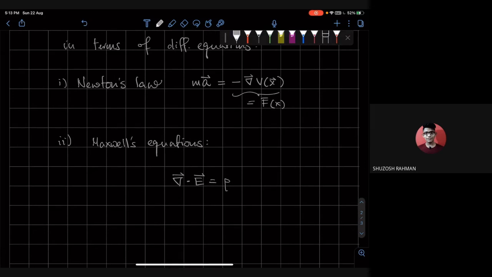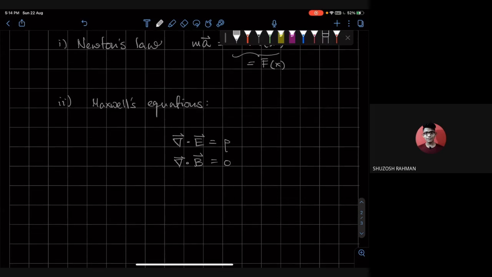You may have seen these equations in an integral form, but these are the differential form. And then the divergence of the magnetic field is 0. This is a statement that there is no magnetic monopole in the observable universe, or at least we have not found any. If you found a magnetic monopole, we'd have to change the right-hand side of this equation.